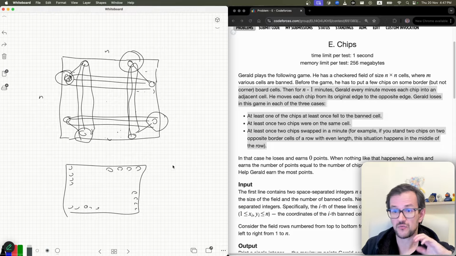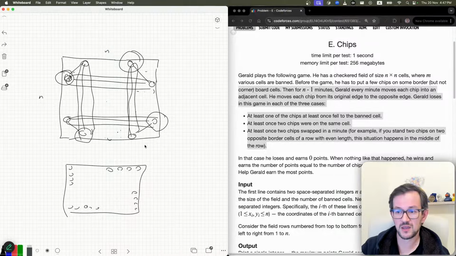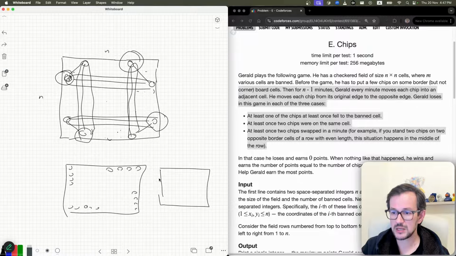The final thing you need to see is that this picture is okay in all situations except one. The only tricky situation is the center. For this center element it's a little bit different. Here you don't have a cycle of size 8, you have this clique of size 4. Out of these 4 chips, only one can exist.